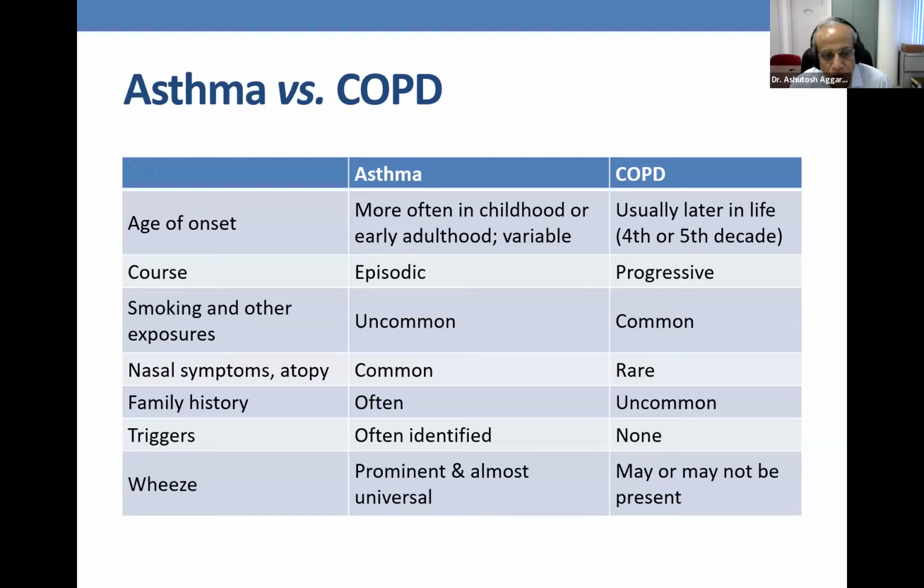Again, as I mentioned, atopic symptoms are much more common in asthma in contrast to COPD. Often asthma patients will also report some family members who have similar disease. And usually patients can also identify some triggers that cause worsening of symptoms. These things are less common in patients with COPD.